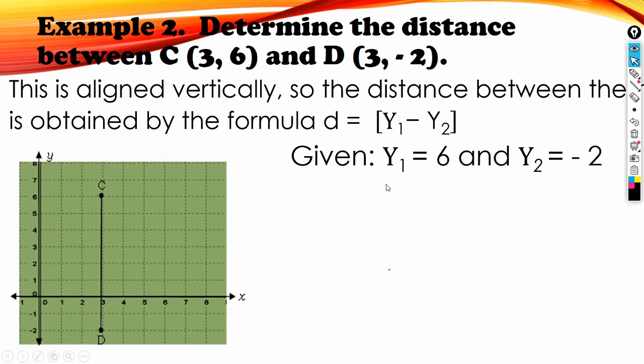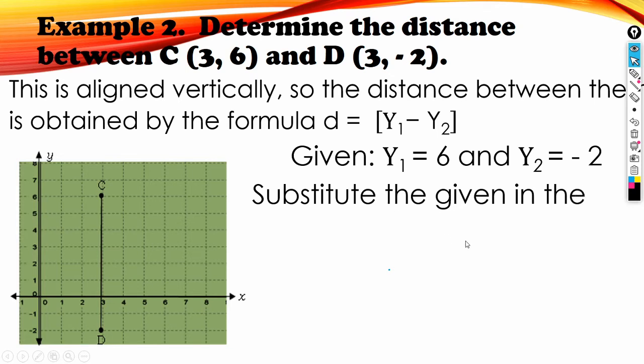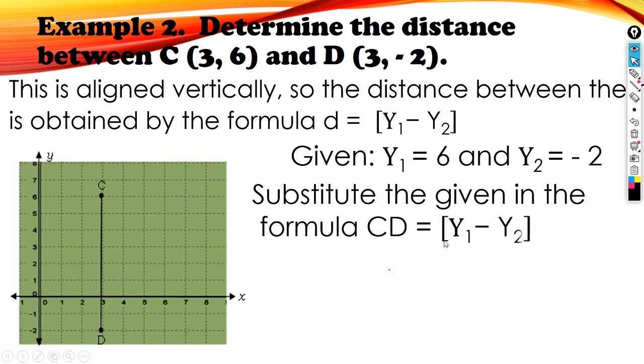Therefore, substituting in the formula, we have CD is equal to absolute value of y sub 1 minus y sub 2. That's absolute value of 6 minus negative 2. So 6 minus negative 2 becomes 6 plus 2.